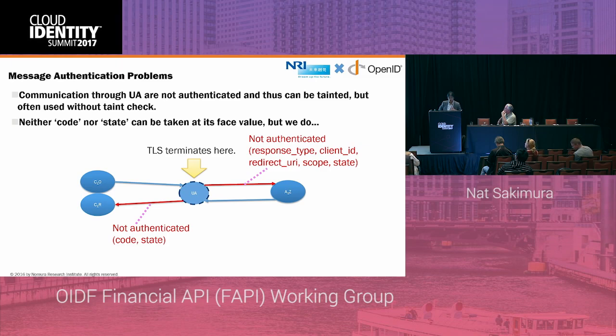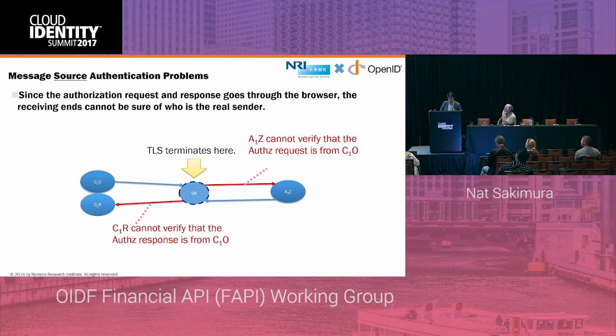Thus all the messages can be tainted there, but are often used without any taint check. So neither code nor state can be taken at face value, but we often do. And we have to think about that as well. And there is the message source authentication problem. Since the authorization request and response go through the browser, the receiving ends cannot be sure of the real sender.